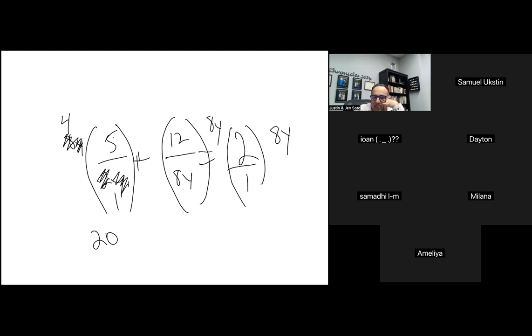Here, the 8y and the 8y both cancel out. So it's just 1 over 1. 1 times 12 is 12. So I have 12. Here, nothing can reduce because 1 doesn't reduce anything. So now I just go 8y. The y is still here.